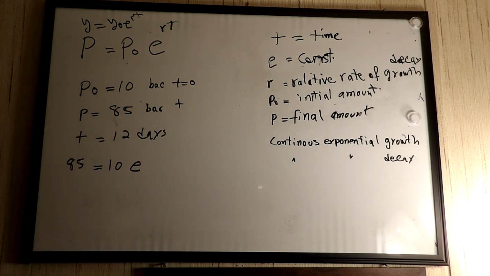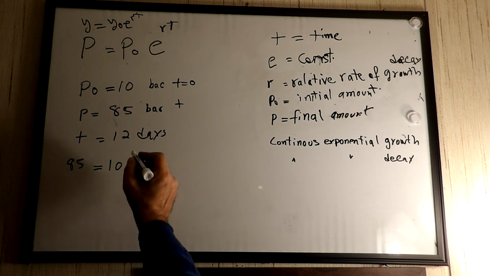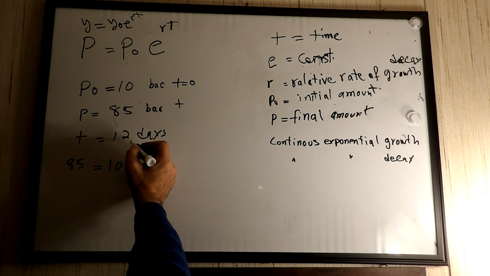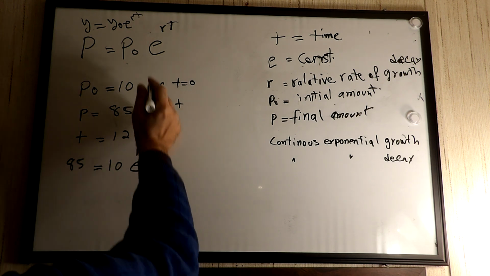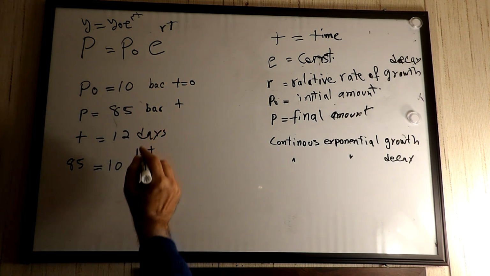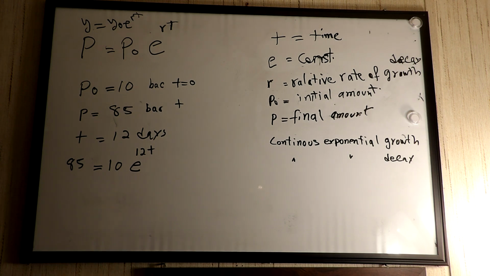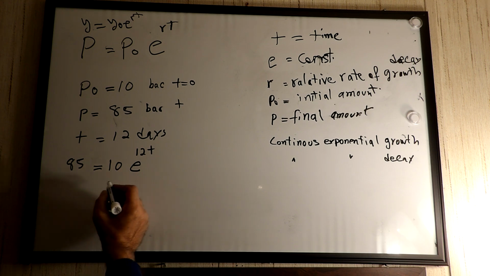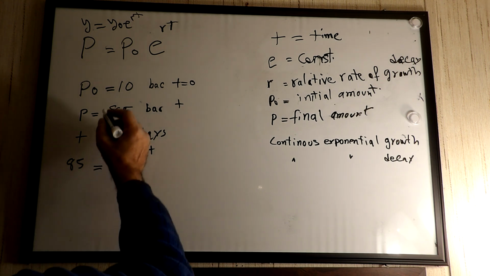So what we do, we know that t is 12, so we put 12 in this formula. Now we are going to find the general formula.